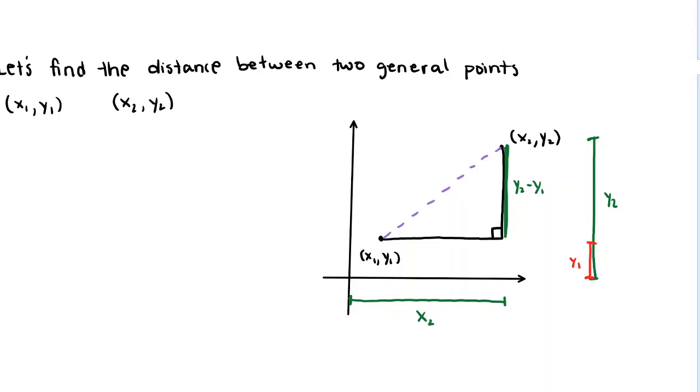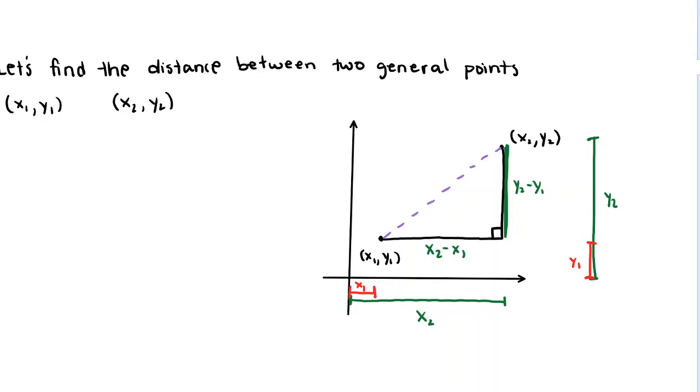And then x1 is this distance here. So this remaining segment, the side length of the triangle, is x2 take away x1. So that's the side length of that horizontal leg.